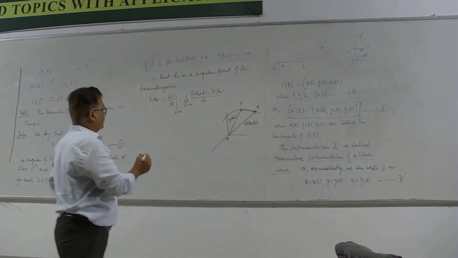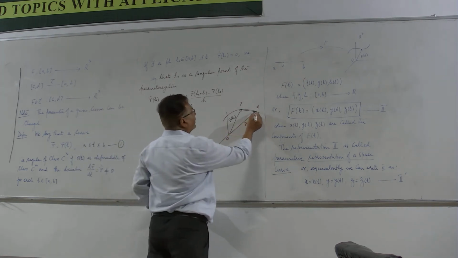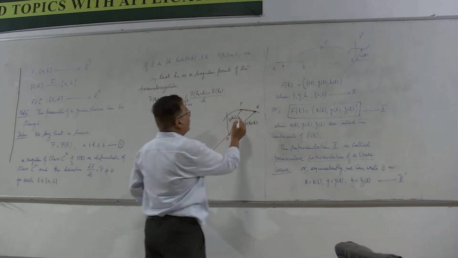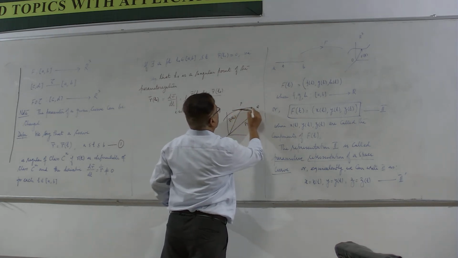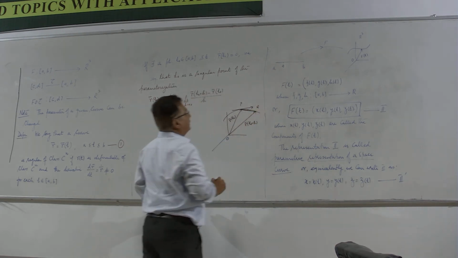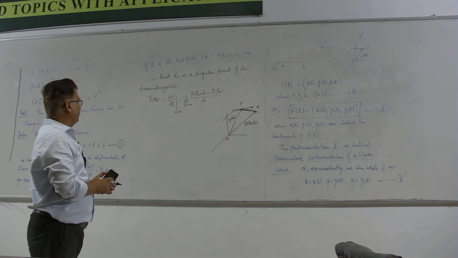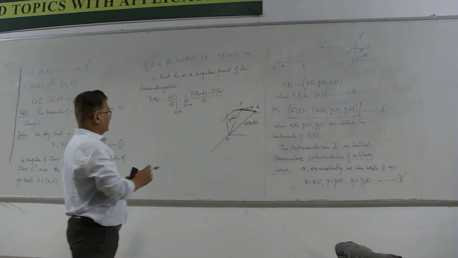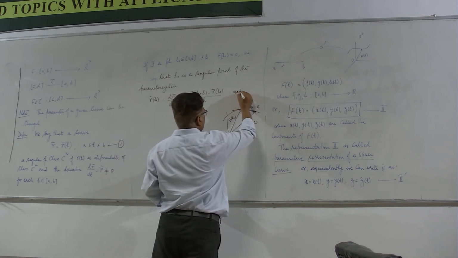Now, when you take h to be smaller and smaller, Q will come nearer and nearer to P, and the chord will become shorter and shorter, and when Q coincides with P, these chords will become the tangent vector. So, this limit, if it exists, we call the derivative of this vector valued function r t. You can see it is a vector in R3.